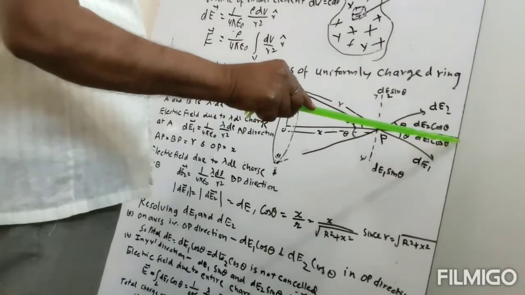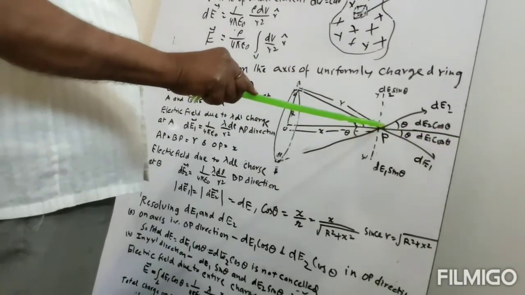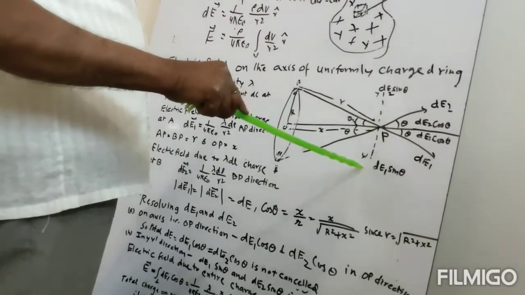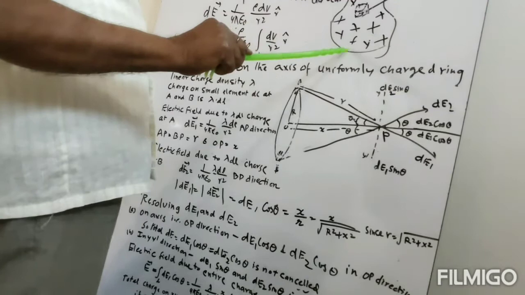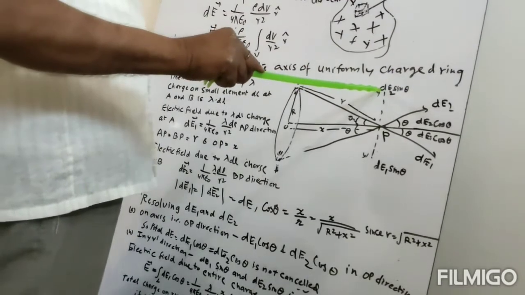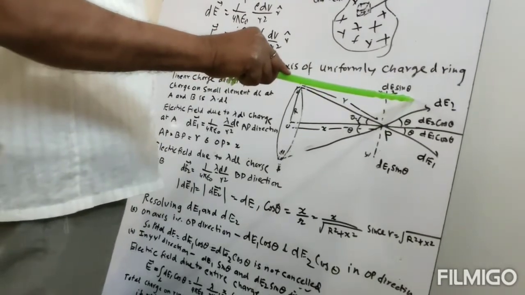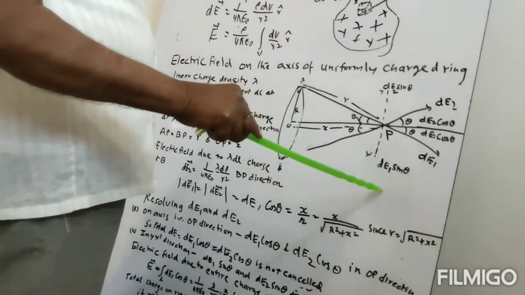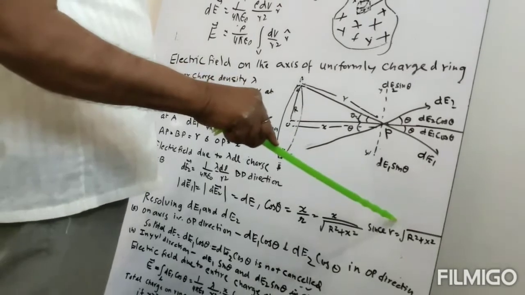Both are in the same direction. Whereas in the perpendicular direction, that is the YY dash direction, the components are dE2 sin theta in the plus y direction and dE1 sin theta in the minus y direction.